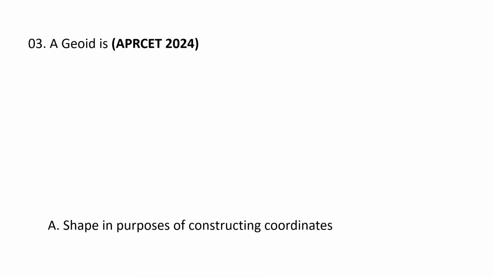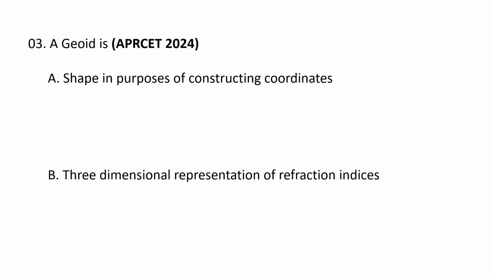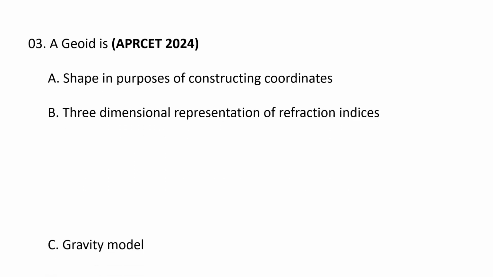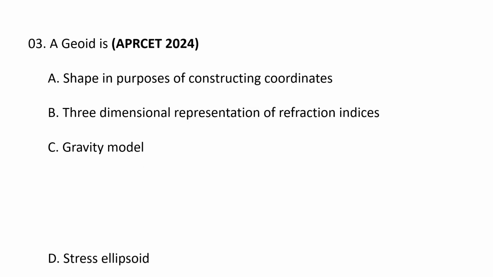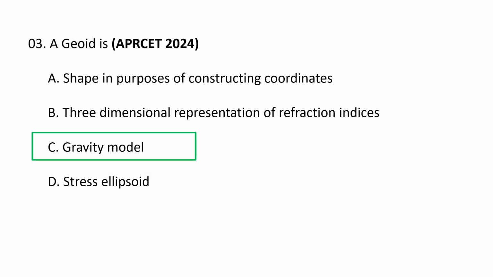Next question. A geoid is, the options given are A. Shape for the purposes of constructing coordinates, B. Three-dimensional representation of refraction indices, C. Gravity model and D. Stress ellipsoid. The correct option is C, gravity model. The geoid is a gravity model that represents the shape of the Earth.